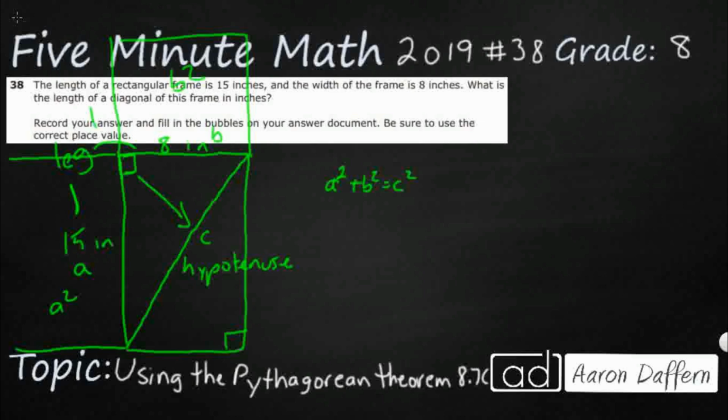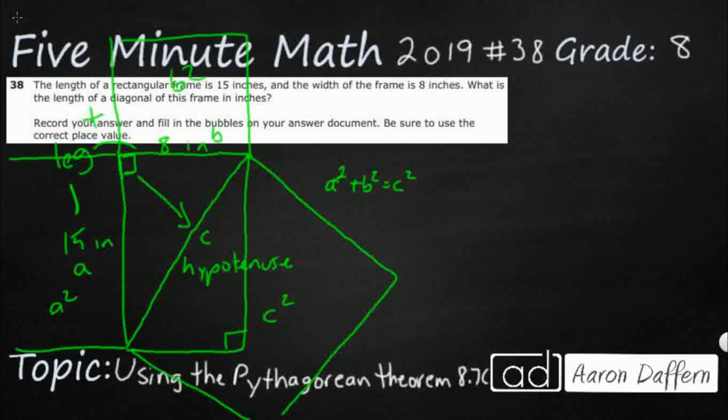And if you add those two, a squared plus b squared, the area of those two squares always equals the area of the square that would come off the hypotenuse, the c squared. No matter the size of the right triangle, a squared plus b squared always equals c squared. So that's a constant that we know.